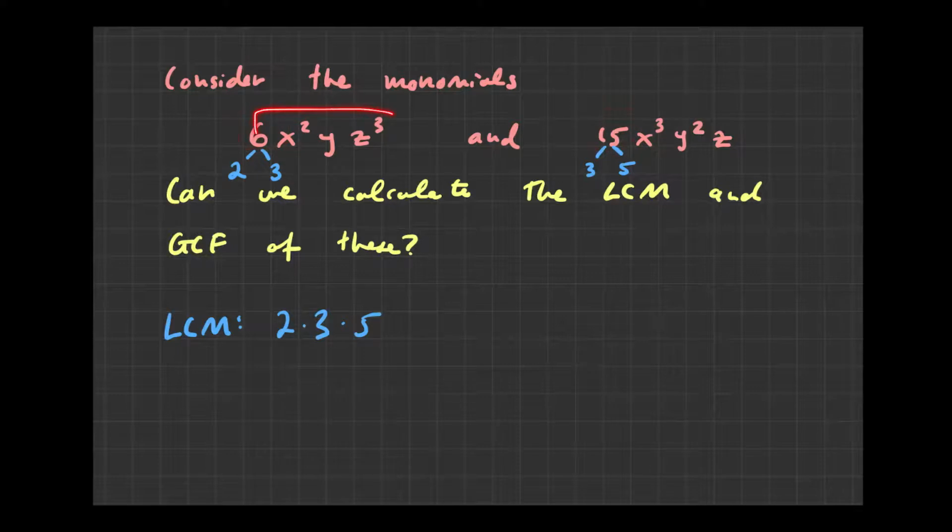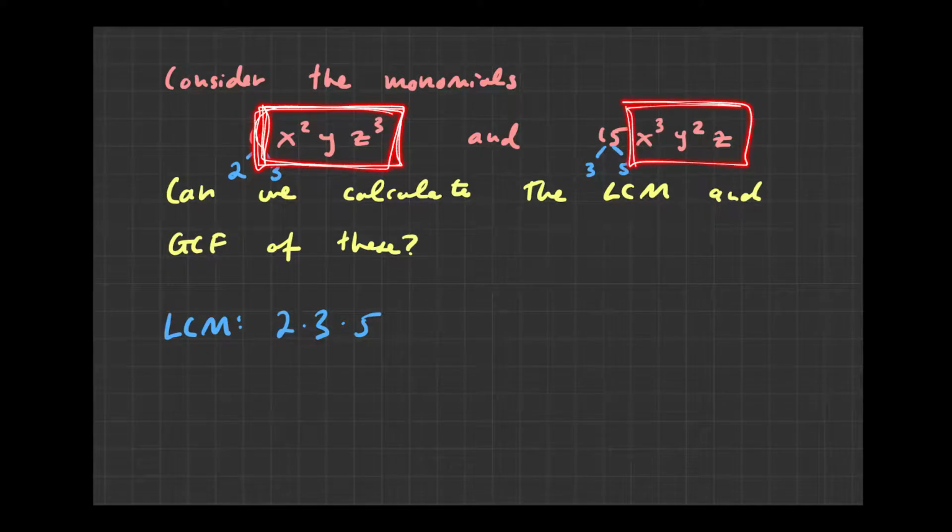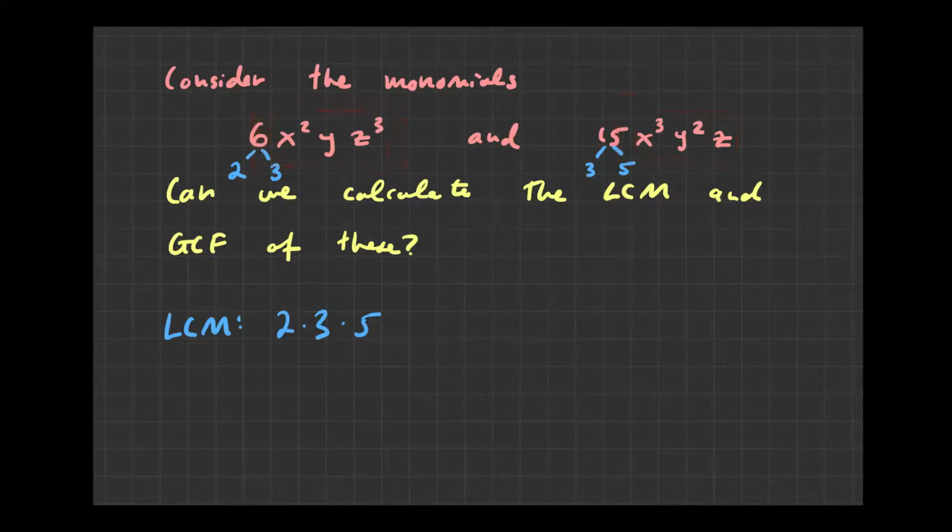Now let's think about the literal coefficient, or the variables. So now I need to find the LCM of these two things here. How do I find the LCM of these? Any thoughts on how we could do that?